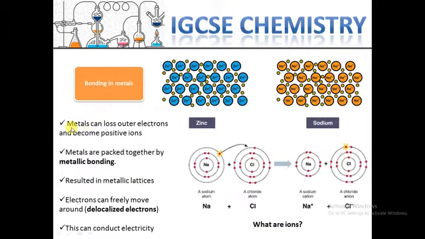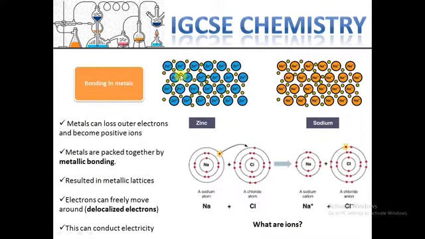Okay, there are some notes. Metal can lose outer electrons and become positive ions, that I explained. And after that, when metals convert to positively charged ions, they can pack together, they can stay next to each other, which creates a metallic bond.